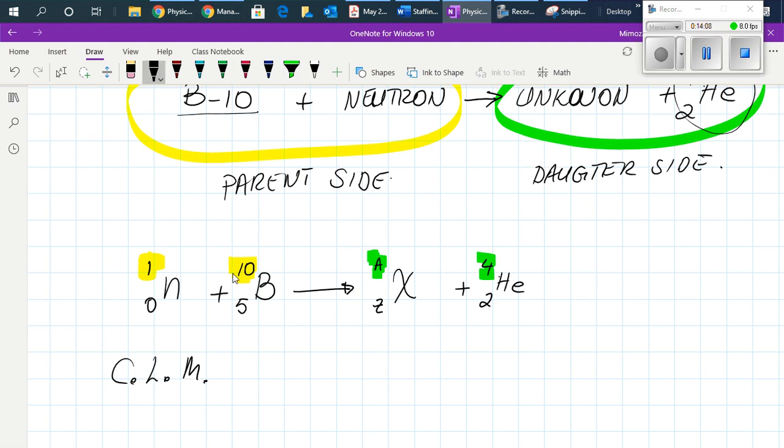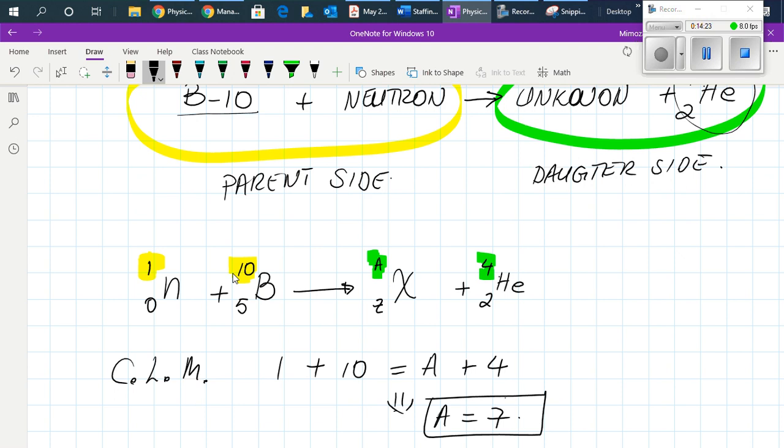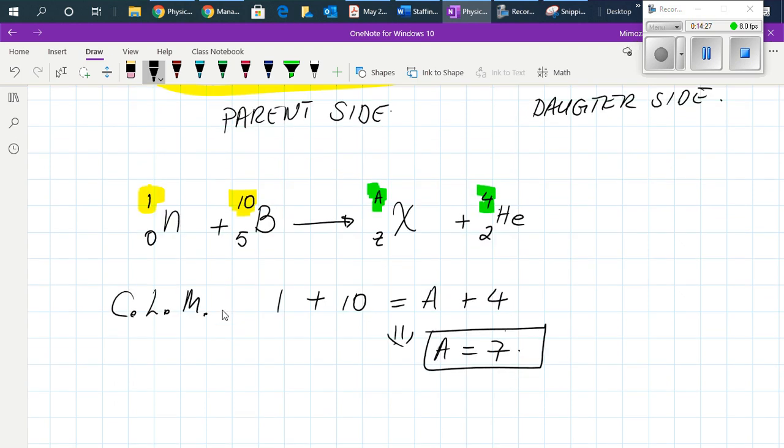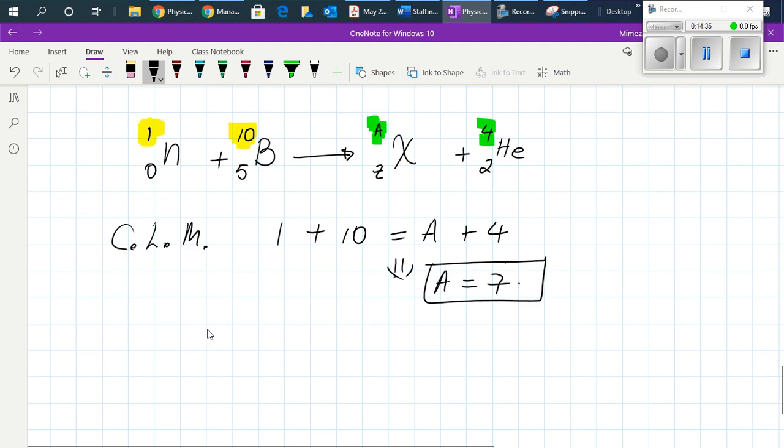So 1 plus 10 equals A plus 4, and from here, we find that A is equal to 7. Okay, so now we know that the atomic mass of this unknown element is 7. In other words, we know the number of nucleons on this particular unknown element.